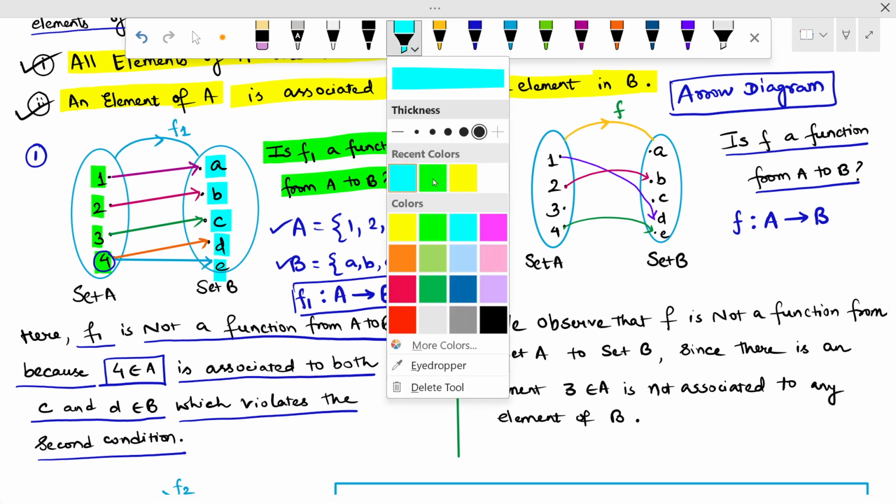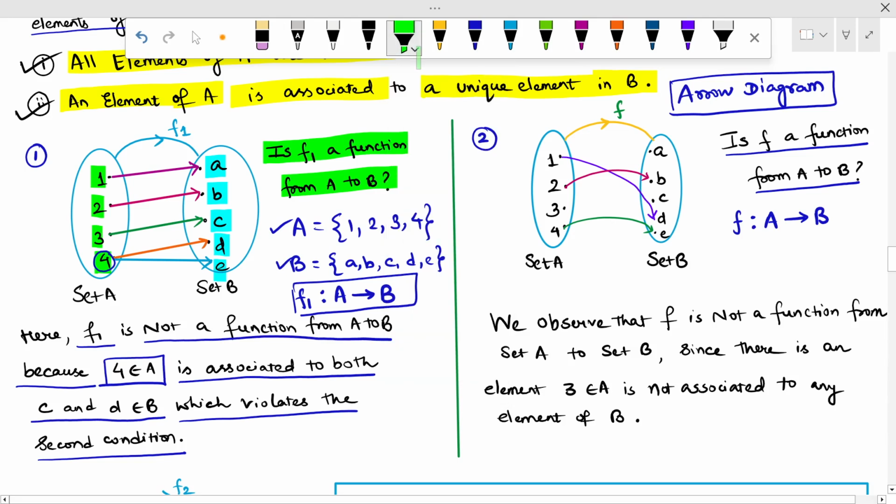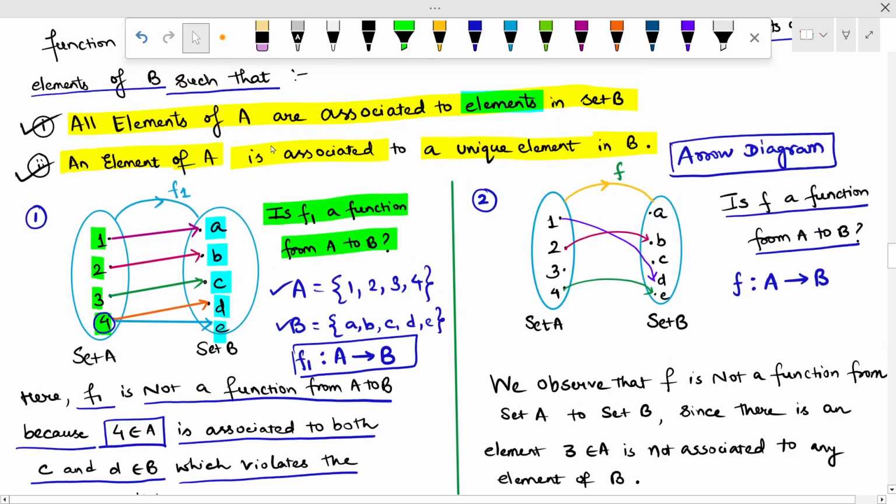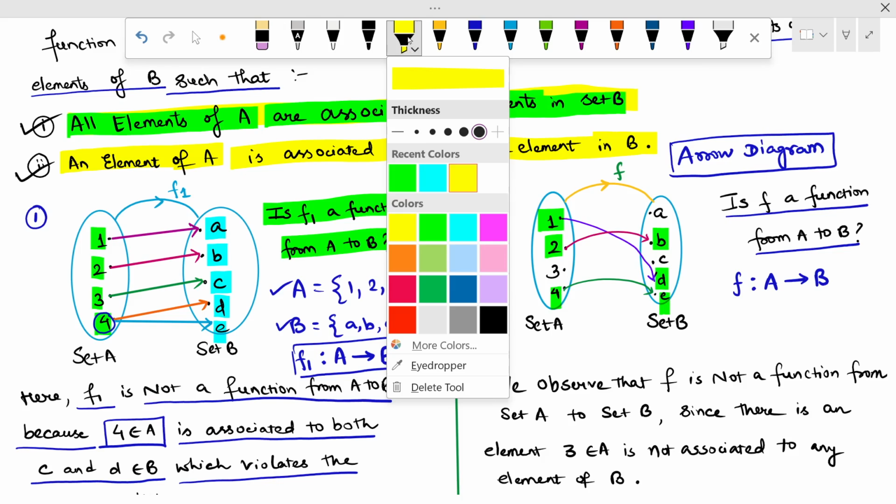Now you can see that the first condition was that all the elements of A are associated to the elements of B. But see here, 1 is associated to d, 2 is associated to b and 4 is associated to e. But what about this 3?